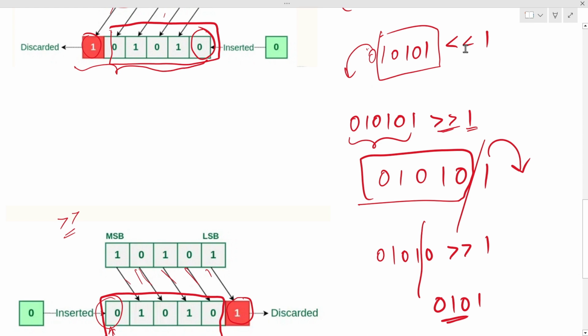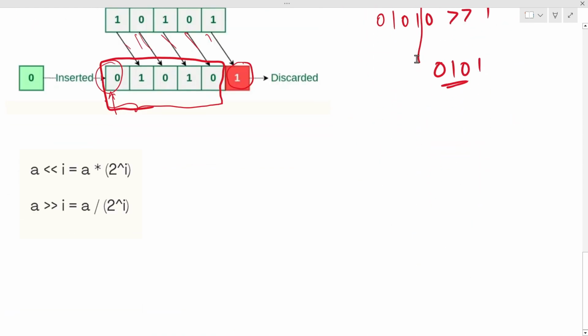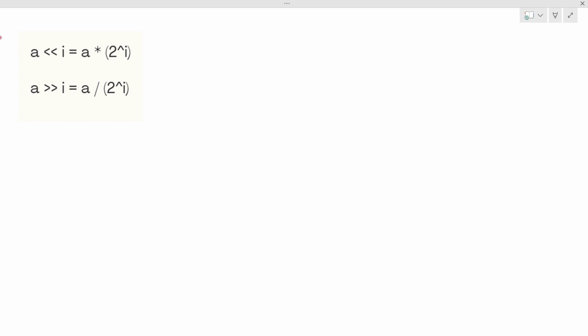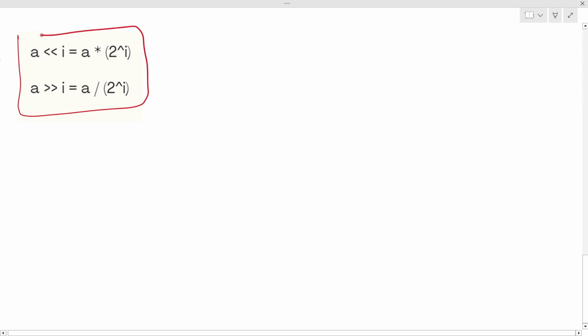And if you're still getting confused, then I will tell you one of the easiest methods. This is one of the easiest fundas that you can use while doing left shift or right shift. Suppose you are given the number 2 and you are set to left shift by 1.